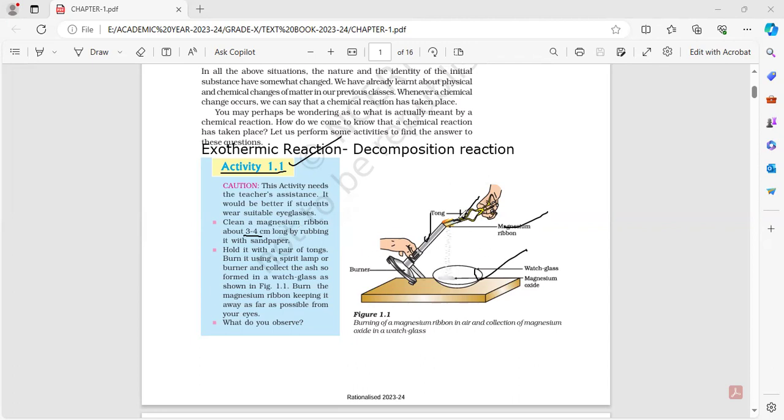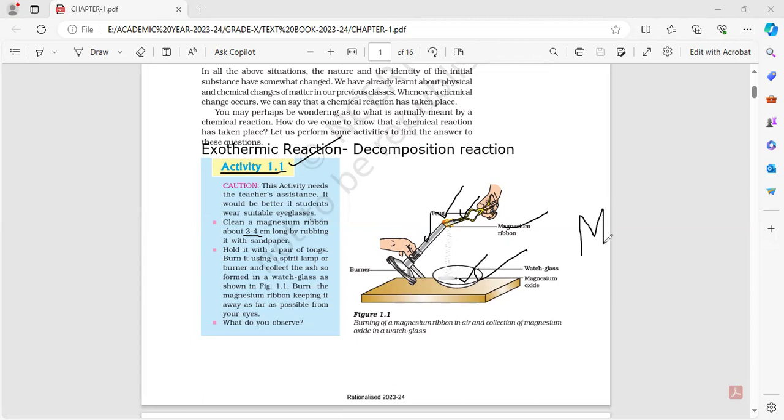After that, hold it with the tongs and bring it near the burner, so that the magnesium ribbon burns and gives a white dazzling flame. Also after that, this metal turns into a powder, and this powder is called magnesium oxide.